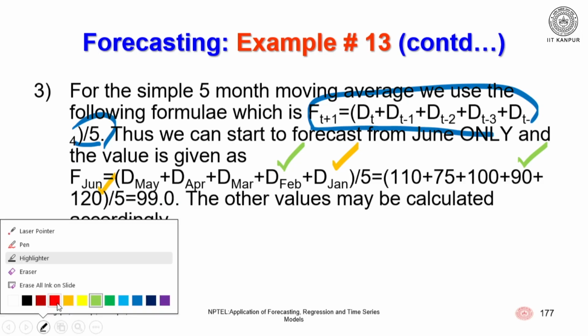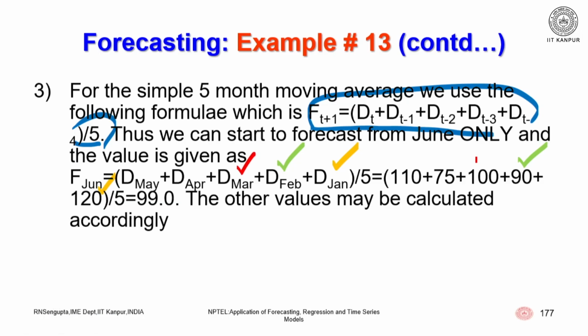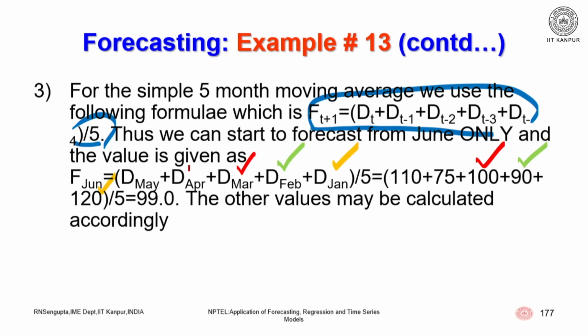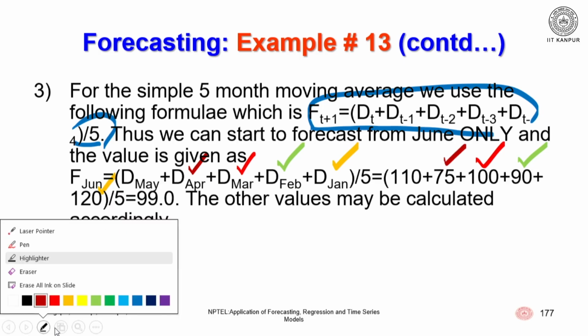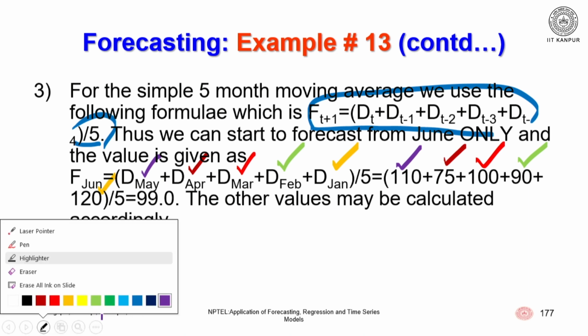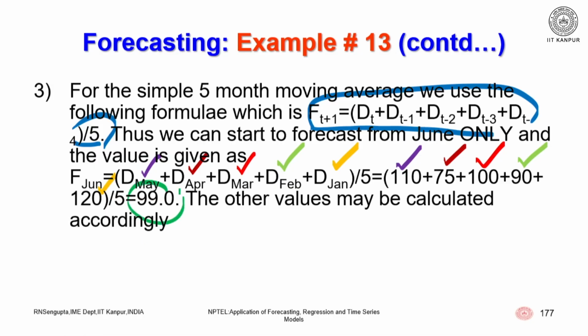For March, it is 100, marked in red. For April, I am marking 75 in dark red, and for May it is 110, which I am marking in violet. Adding them up and dividing by 5 gives a value of 99. So, 99 is the 5-month moving average, which will be compared with the corresponding actual value.